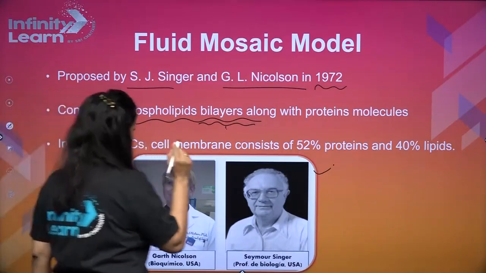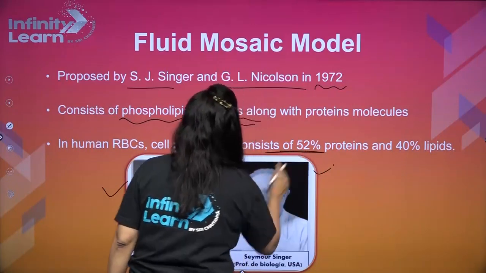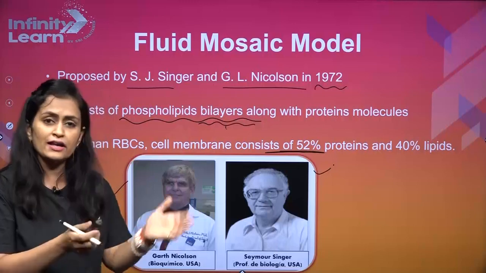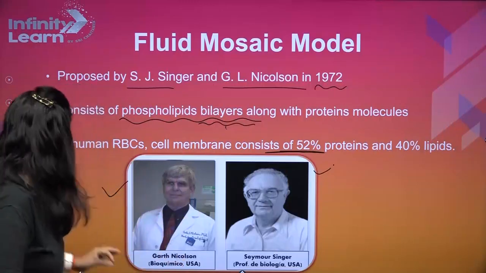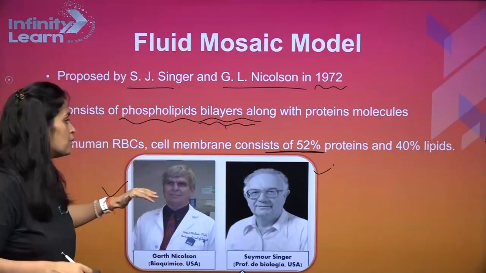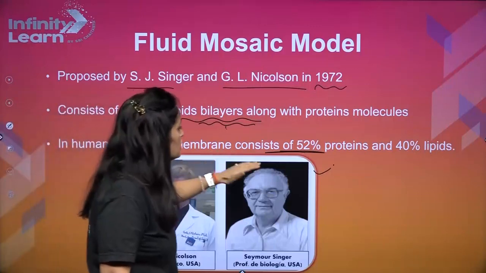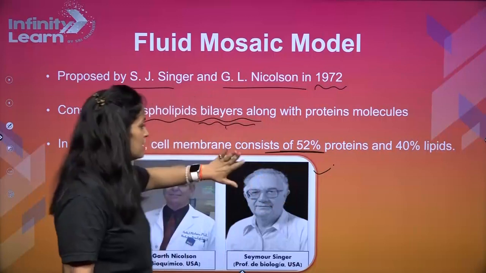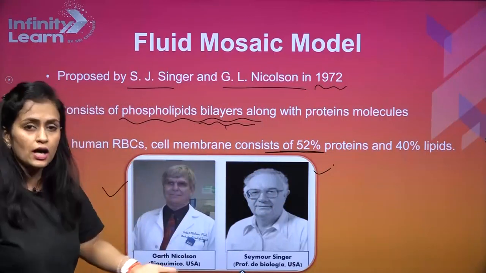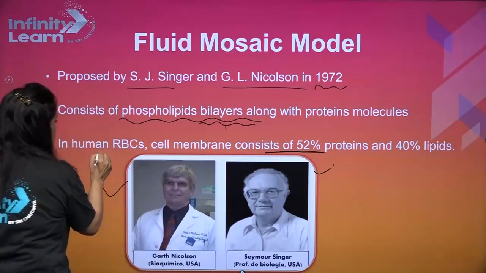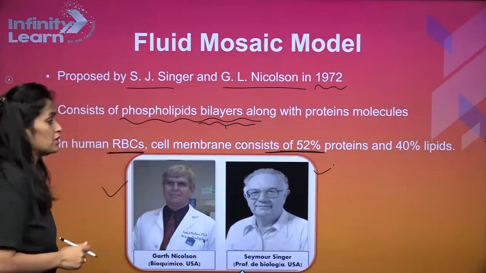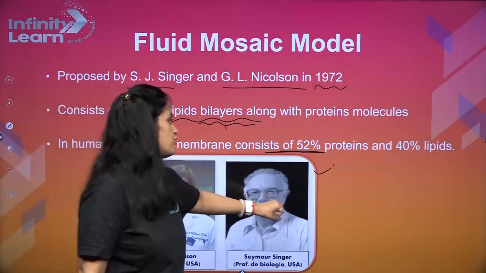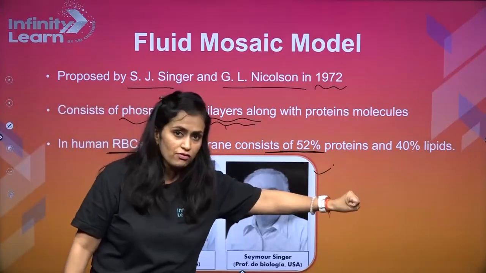Now, for example, this composition of lipid and protein will vary from cell to cell. For example, in human RBC, we have nearly 52% of protein and 40% of lipid, but it may vary from one cell to another cell. This is important for our NSO-ISO examination and hence mentioned over here, 52% of protein and 40% of lipid.